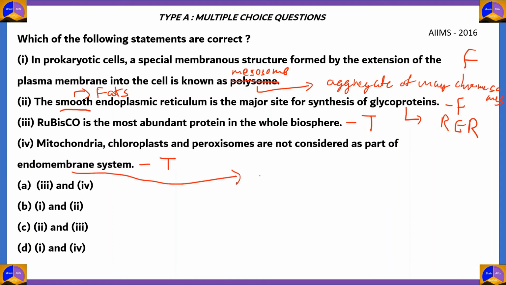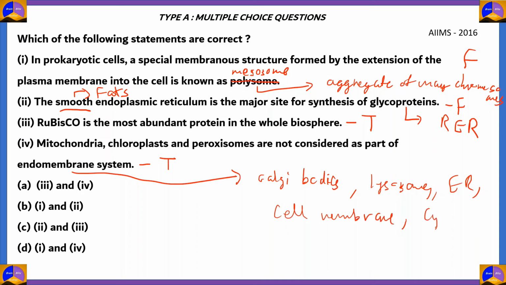The endomembrane system contains Golgi bodies, lysosomes, ER, cell membrane, cytoskeleton, and so on.